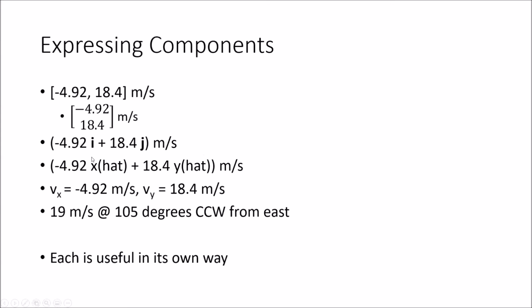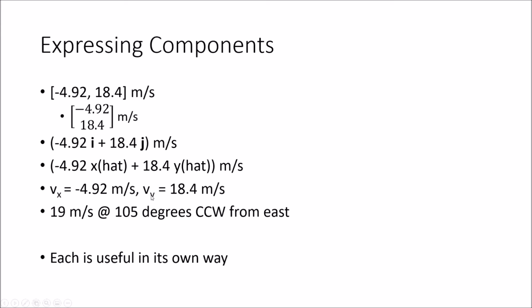That's another way of saying the x component and the y component of a vector. The way we've been doing it here is saying Vx is equal to negative 4.92 meters per second. So we explicitly say the x component of the velocity, the subscript x means x component of the velocity, is that.